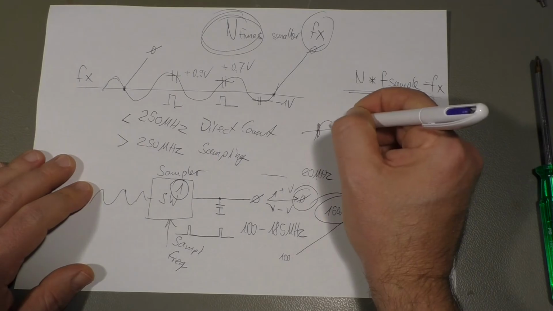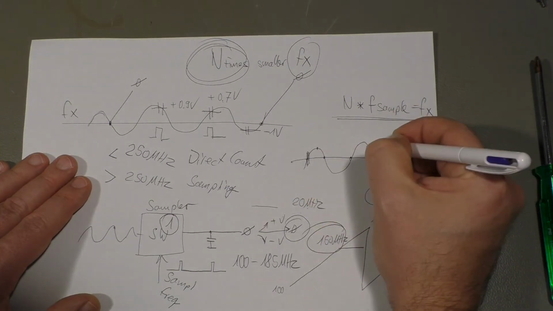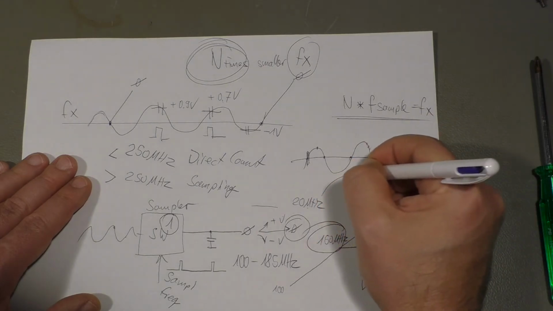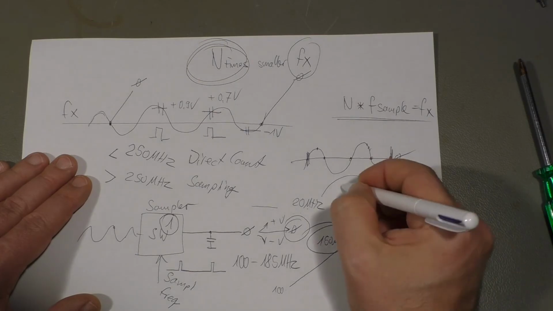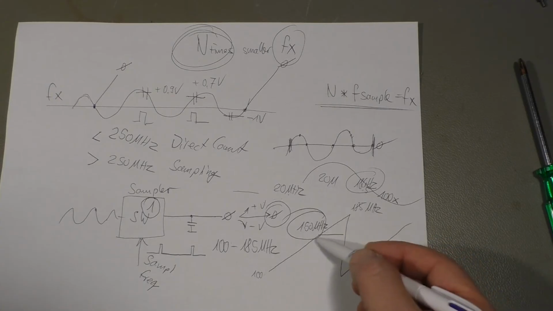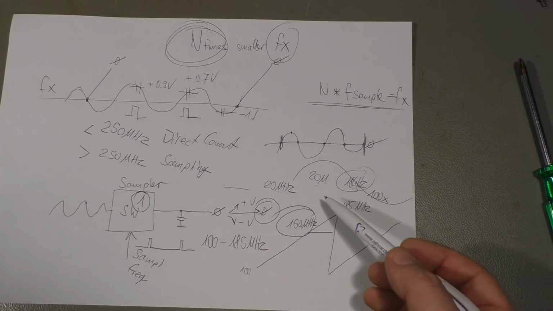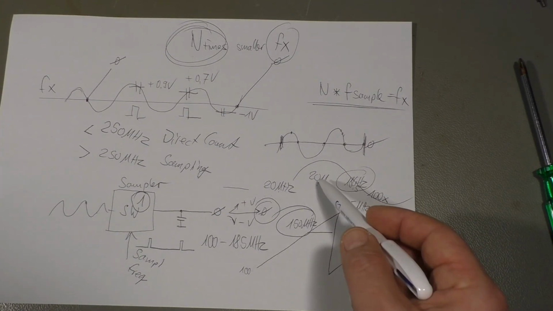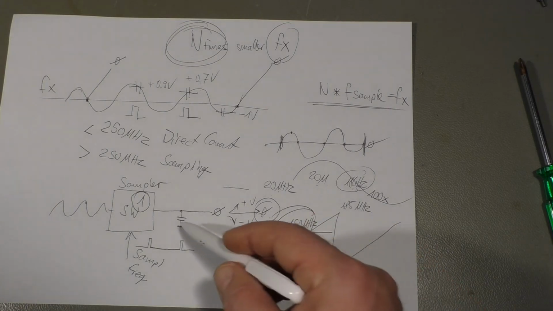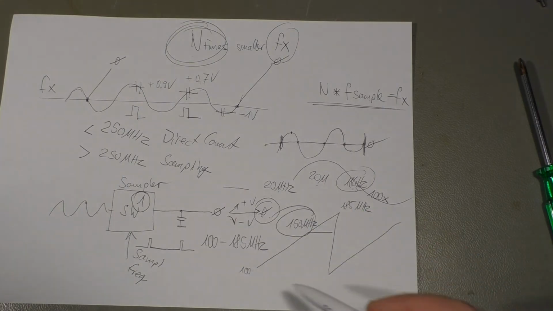That happens if you, for example, hit this point, then on the next waveform you hit this point, on the next waveform you hit this point, and so on, and that creates you a waveform of 20 megahertz. So if you are off here with the frequency, this 20 megahertz will be lower or higher, and so you just check for 20 megahertz in the same way as you could check for 0 volt DC. Just to explain it, the 0 volt DC sampling here is a little bit easier to understand.